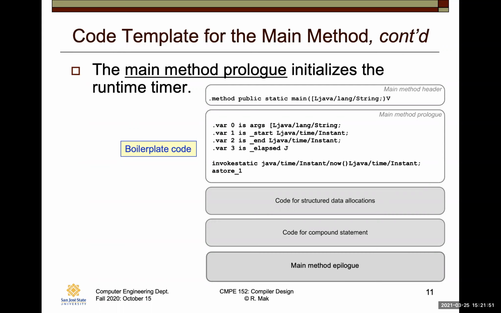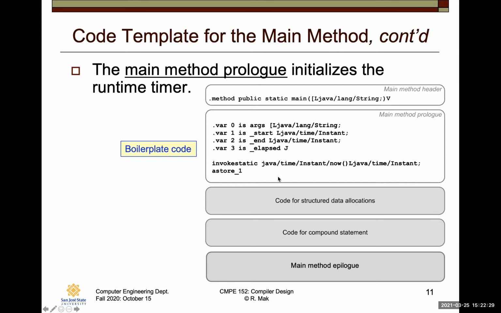So whenever I compile a Pascal program down to Jasmine code, I want to have a runtime timer. The boilerplate code basically creates some variables for that runtime timer. I've got variables called start, end, and elapsed, and they have underscores in front of them to distinguish them from any variable names from the Pascal program.